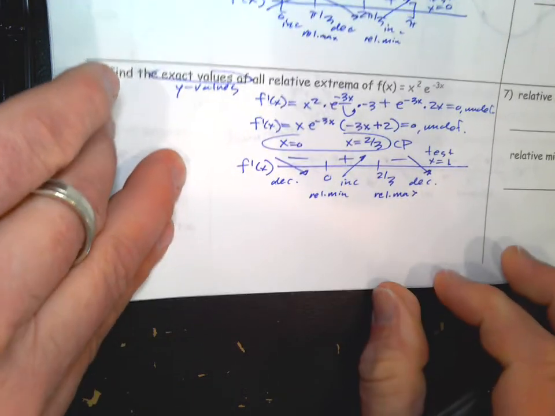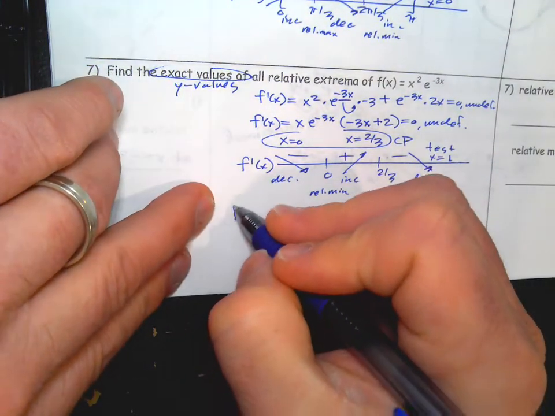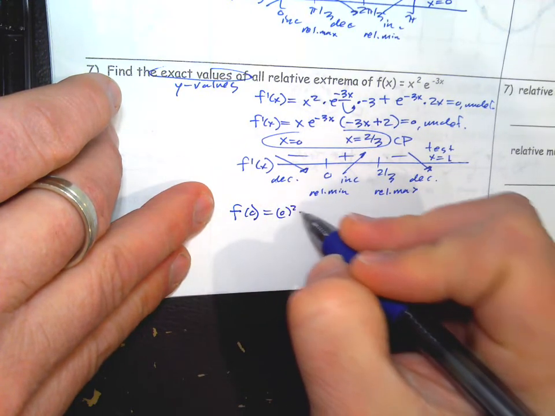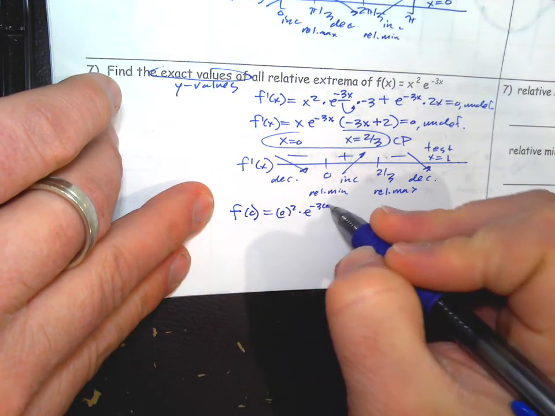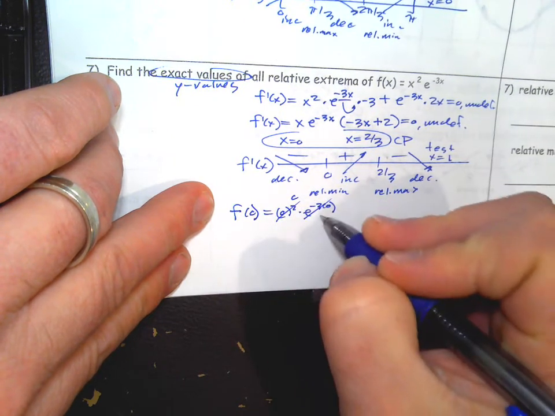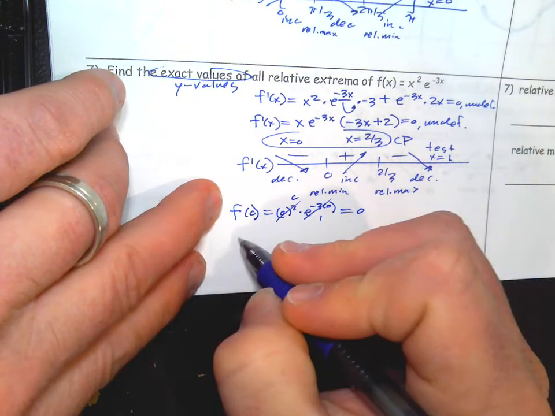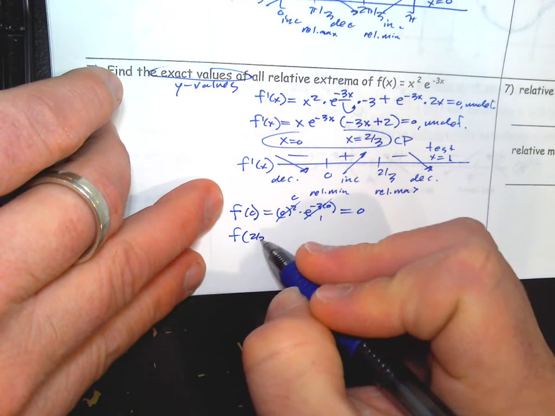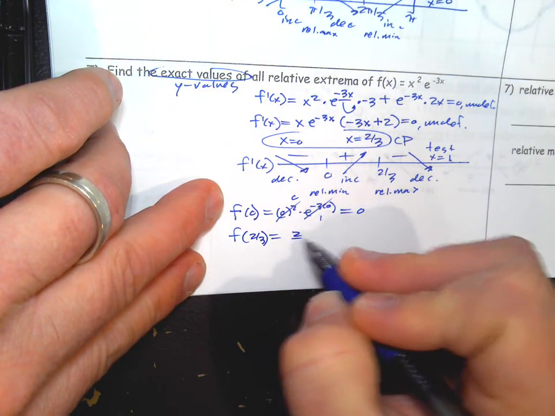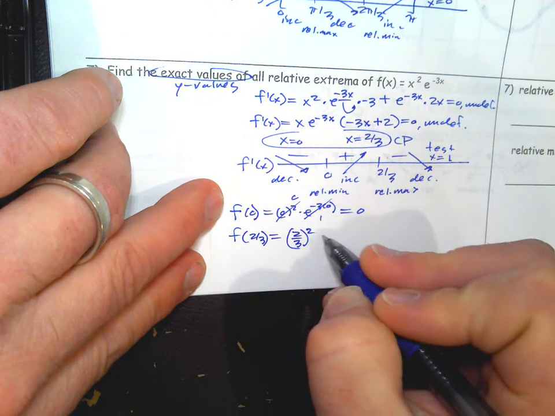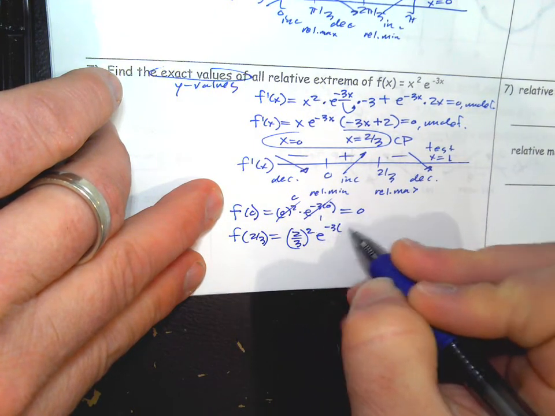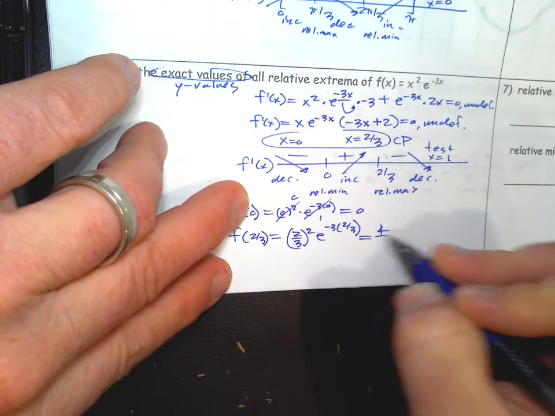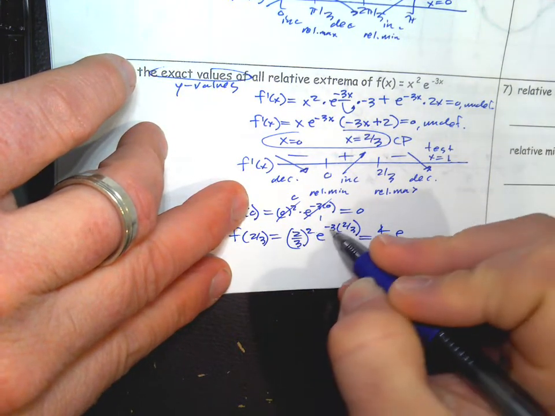So what we need to do is plug these back into the original equation. So 0 squared times e to the negative 3 times 0. Well, that's 0, that's 1, but it's going to be 0. That's your relative min. f of 2/3 is going to be 2/3 squared times e to the negative 3 times 2/3. So that's going to be 4/9 e to the negative 2.